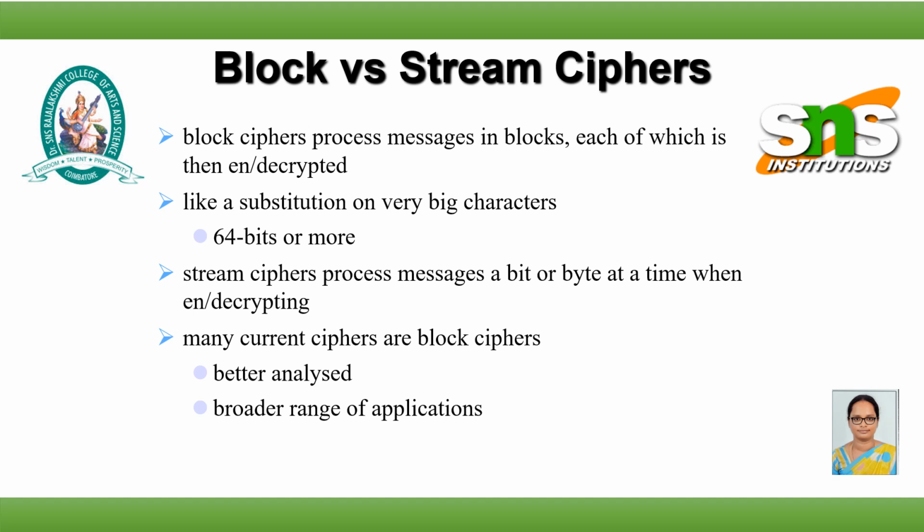Block cipher versus stream cipher. Here, in a block cipher we are splitting a plain text into blocks, and in a stream cipher we are splitting that bit by bit. In block cipher we are taking 64-bit blocks, but in stream cipher we are taking single bytes for encryption and decryption.